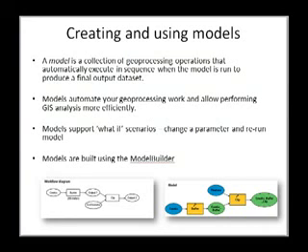Models automate your geoprocessing work and allow performing GIS analysis more efficiently. They allow us to run what-if scenarios so that we can change a parameter and rerun the model. And we build these models inside of ArcGIS using the model builder.